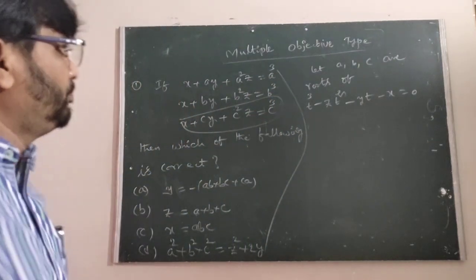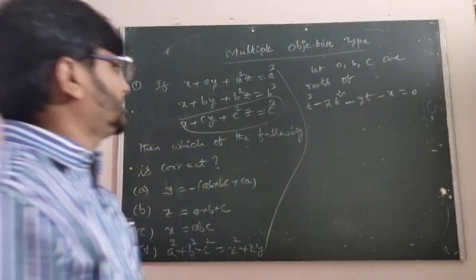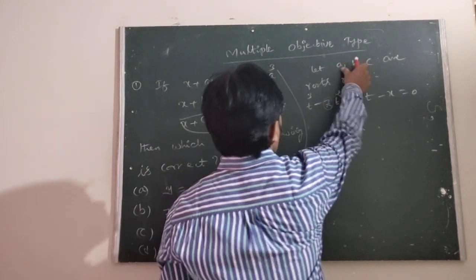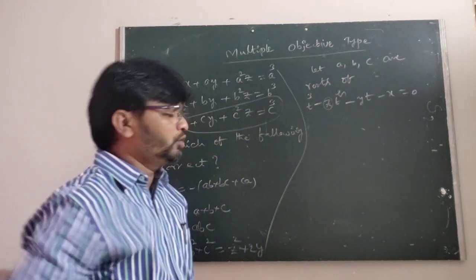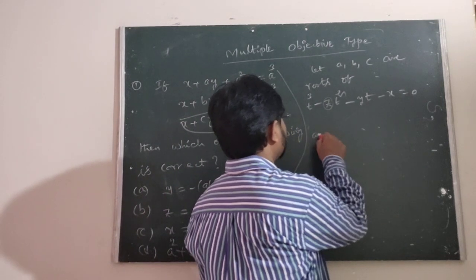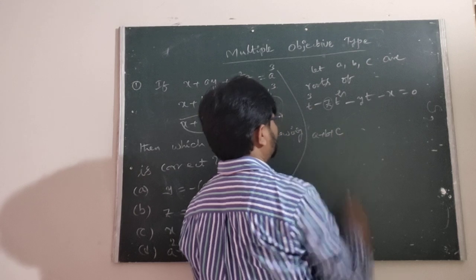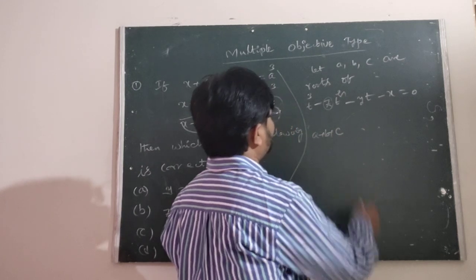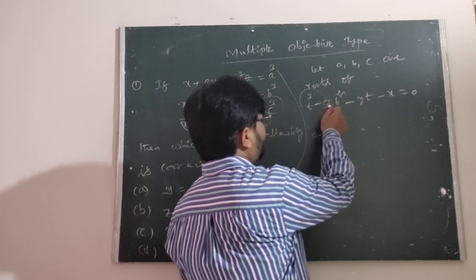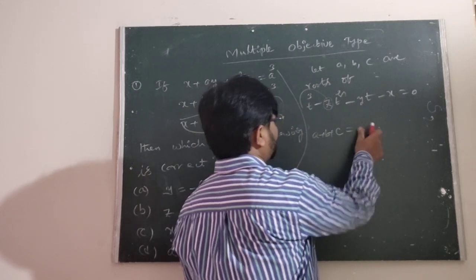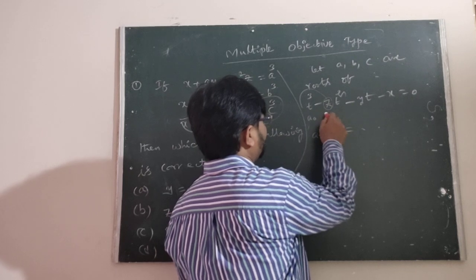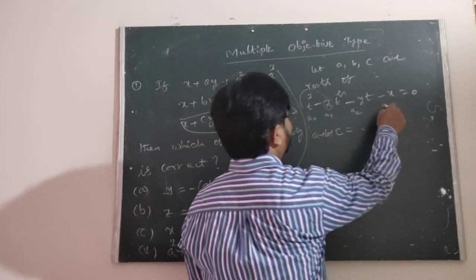So here a, b, c are the roots. What is the z here? The sum of all roots. We know that the sum of all roots a plus b plus c is minus a1 by a0, taking a0, a1, a2, a3.